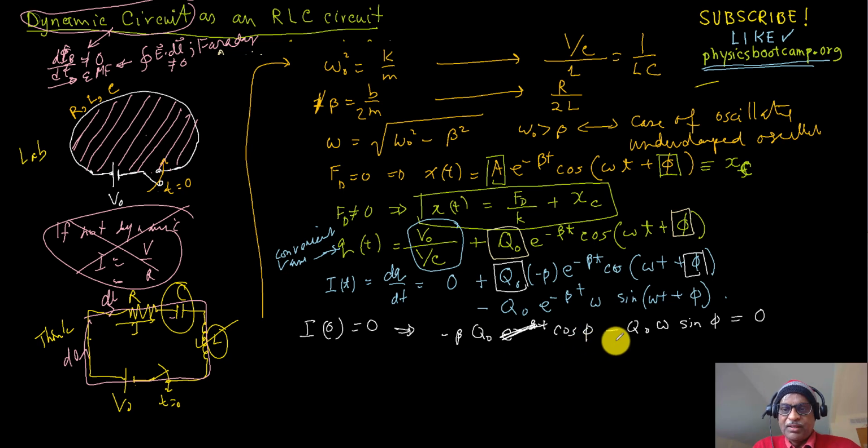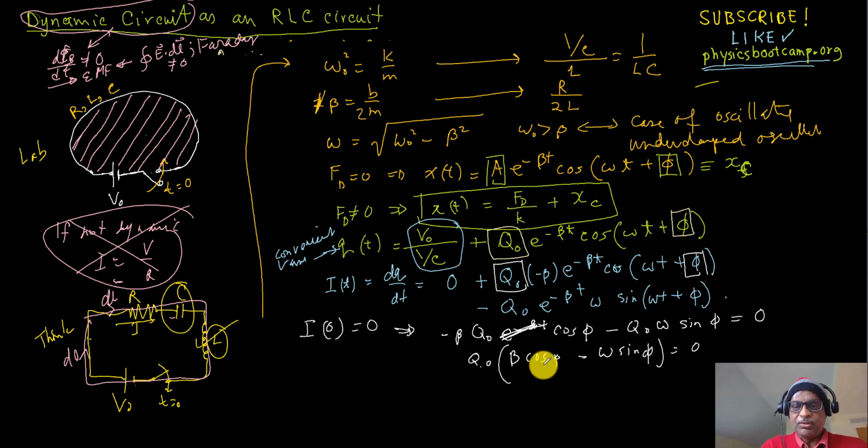So we can see here that beta is not equal to minus omega, so you can say q0 times beta cosine phi minus omega sine phi equal to 0.